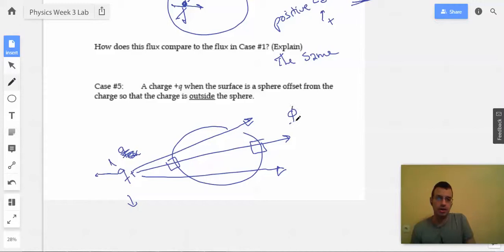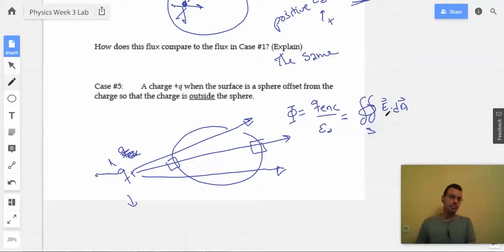Another way to look at this is we have our equation, the same one we have used every single time: flux equals q enclosed over epsilon naught equals the integral over the closed surface of E dot dA. Again, not all the electric field lines are related to the small sections of area in the same way, so the angles between them aren't all the same.